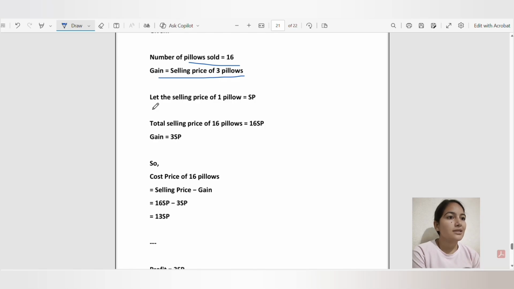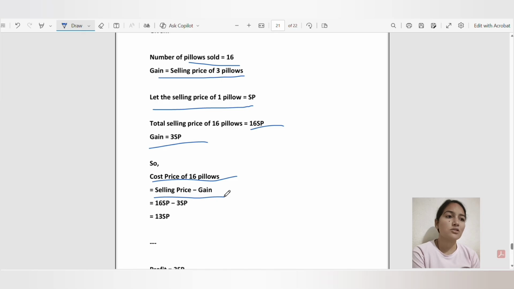Let the selling price of 1 pillow be SP. Then the total selling price of 16 pillows is 16 SP. The gain is the selling price of 3 pillows, so gain is equal to 3 SP. Now the cost price of 16 pillows will be selling price minus gain.